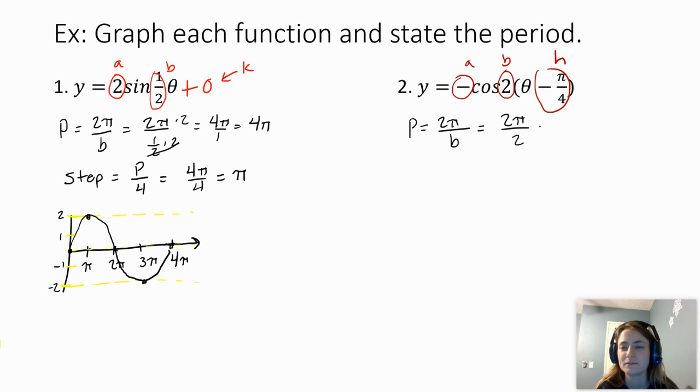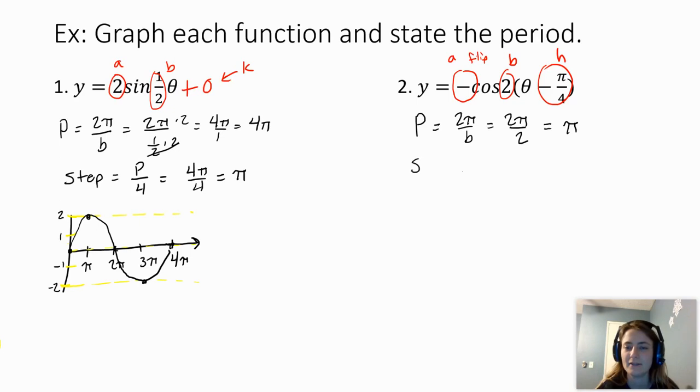B is 2. So the new period is going to be pi. And then from here we determine our step, which is our period divided into 4 equal parts. Our period is pi. So our step, we're going to go by pi over 4 for each tick mark.